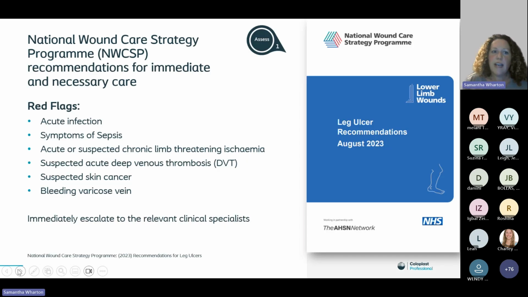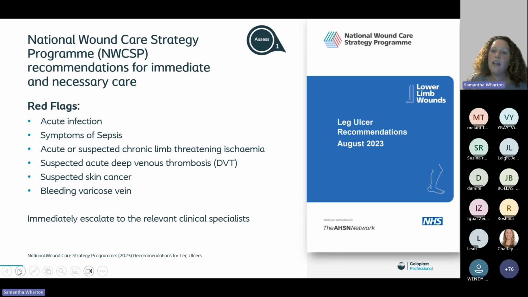So the National Wound Care Strategy came up with their recommendations, and this was really a game changer, because I've been in tissue viability for 15 years and we were always told not to put compression on until you've done your full lower limb assessment, including an ABPI.